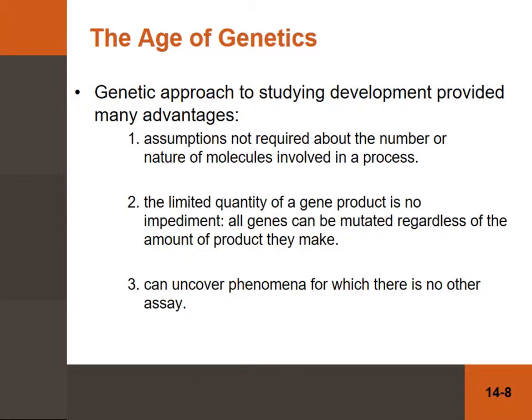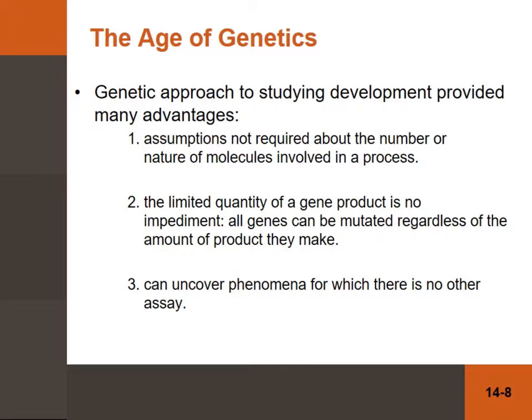The breakthroughs came with the age of genetics. That is mainly the isolation of mutants with very discrete defects in development, and the characterisation and study of genes and gene products. So the genetic approach to studying development and embryology provided many advantages. Three are listed here.